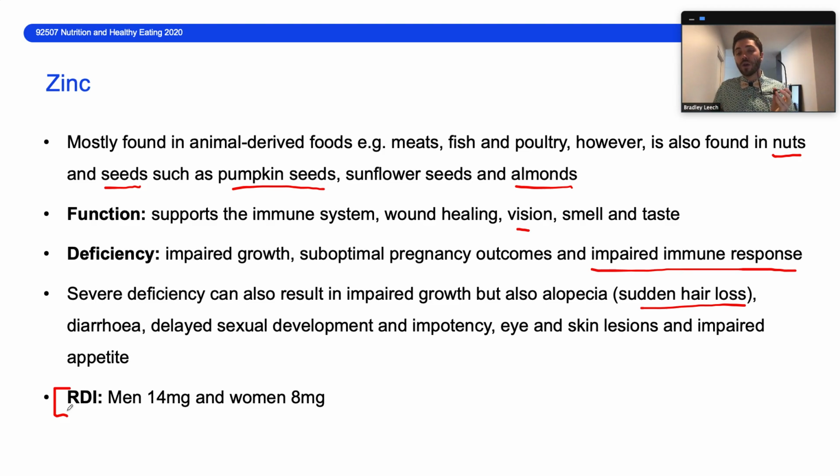The RDI of iron in women is much higher than in men, whereas with zinc, it's much higher in men than in women. So men require more zinc for the production of semen, whereas women require more iron as they have a menstrual cycle and they lose blood and iron stores every month.